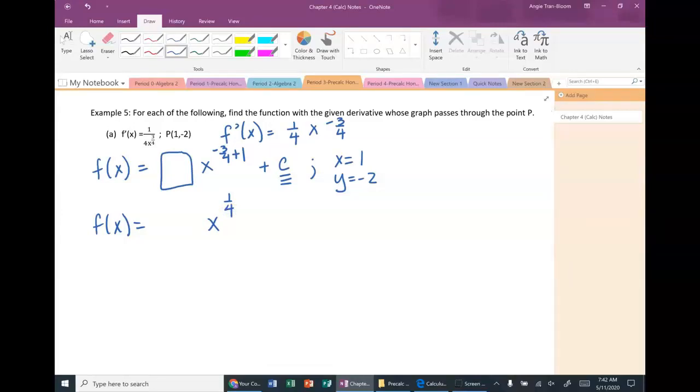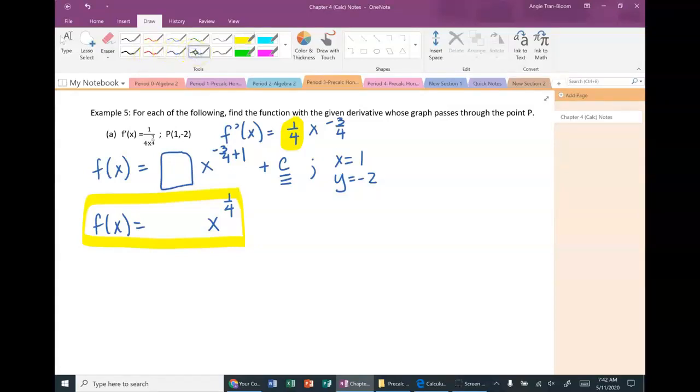Now, when you do the derivative, you have to glance at your derivative and see what is the number in the front. Well, the number in the front is 1/4. So whatever function you have right here, will that give you 1/4? And right now the answer is yes, so we don't have to worry about the leading coefficient. It doesn't have to change.